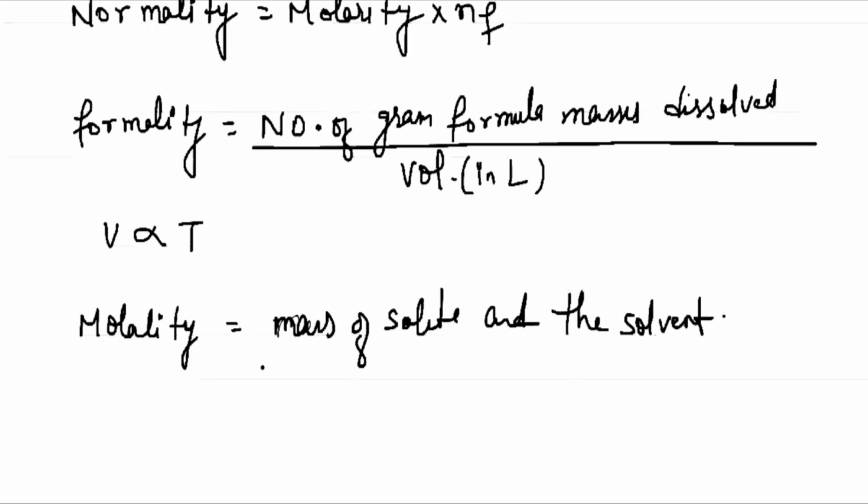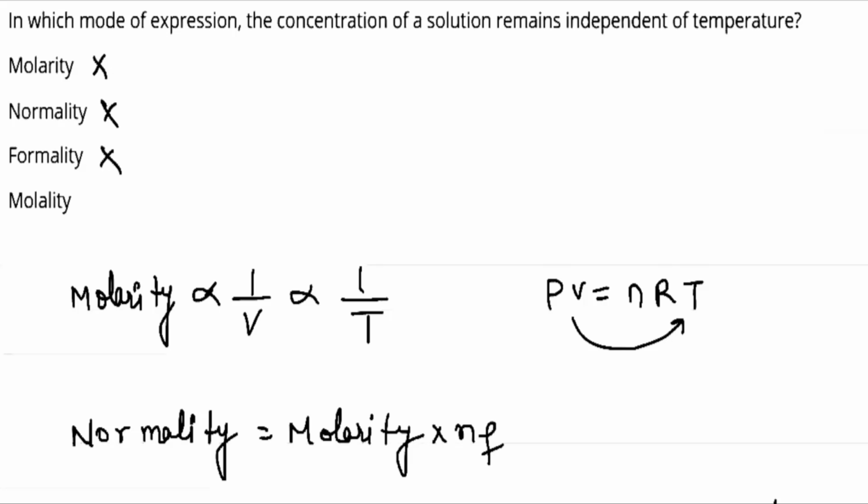The mass is independent of temperature, we know. Thus molality is actually independent of temperature. So our correct option is option D.